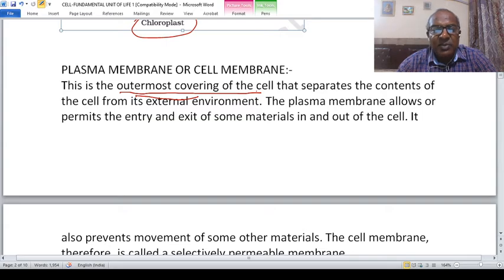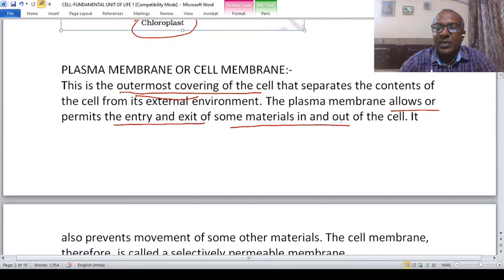This plasma membrane is semi-permeable, and therefore allows the entry and exit of some material in and out of the cell. So plasma membrane is semi-permeable.